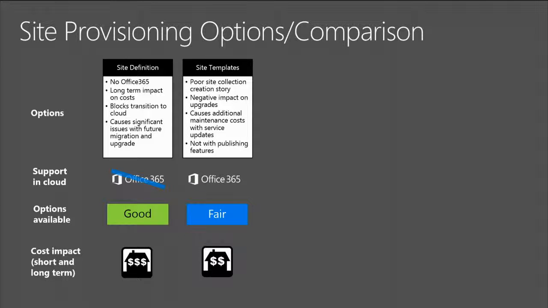Then we introduced, at some point at the same time, pretty much, the site template functionality. Site template is the one where you go and save site as a template, which is working or not working, slightly depending on what features your site has enabled. As an example, if a publishing feature is enabled within your site, that link is gone from the site settings. It is not supported to create site templates from a publishing site.